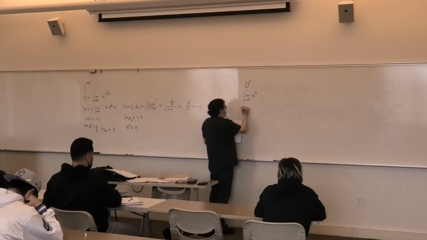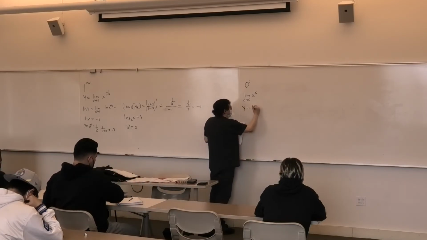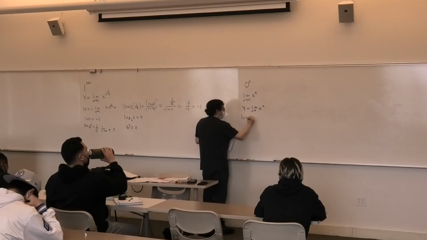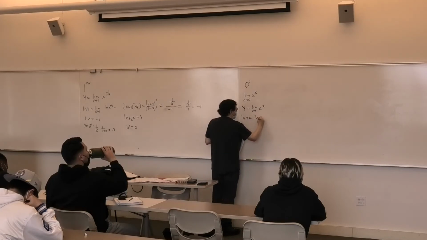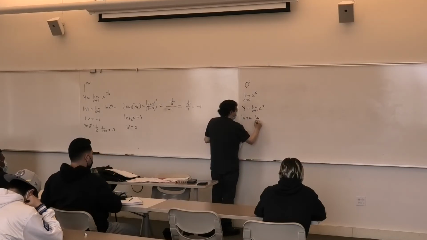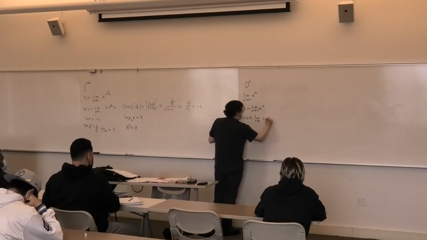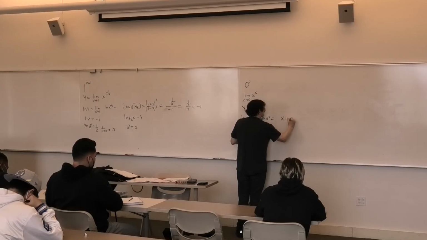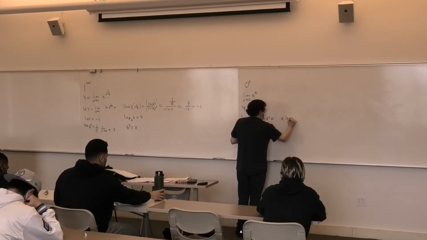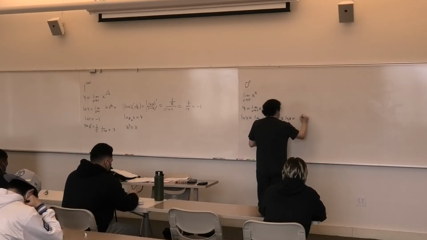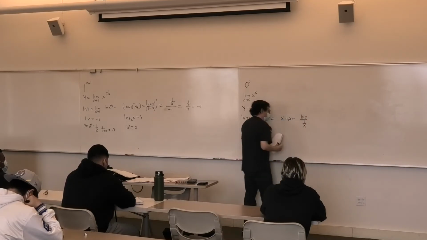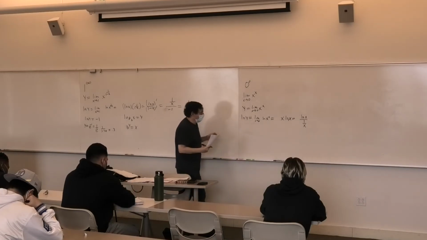So again, we use this strategy of finding the log first. Log of y is the limit as x approaches 0 of log of x to the x, which is x times log of x, which is log of x over 1 over x. We've seen that before.